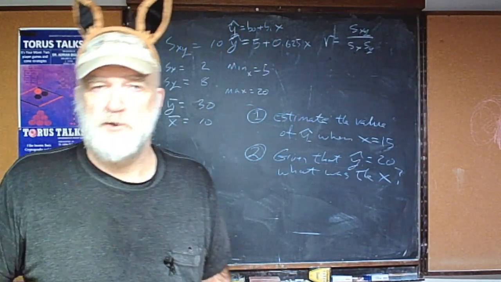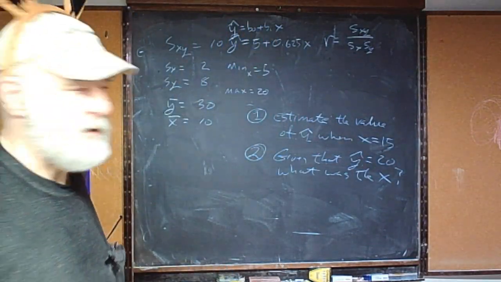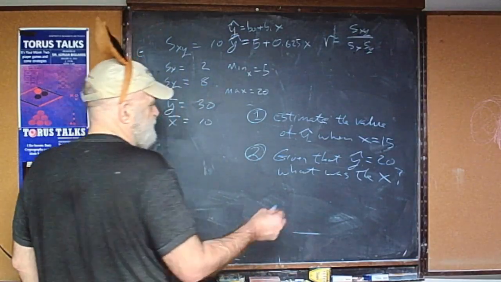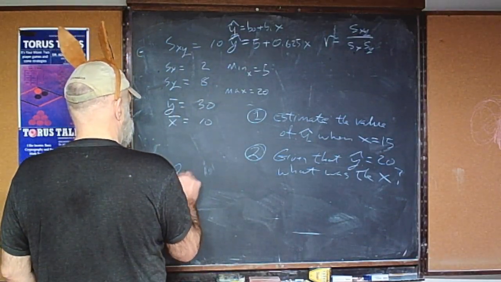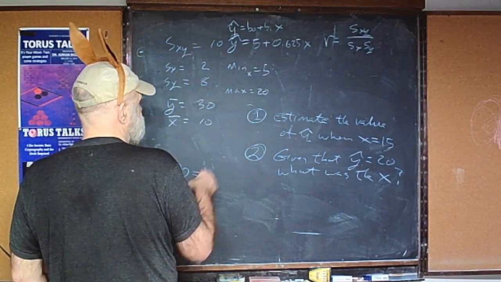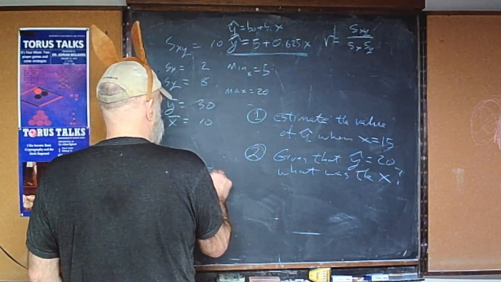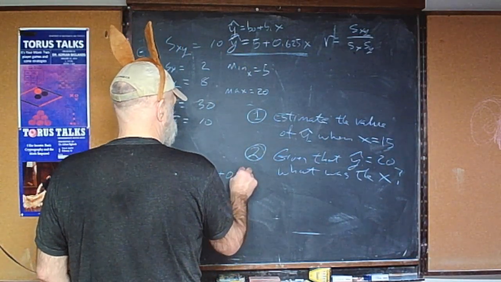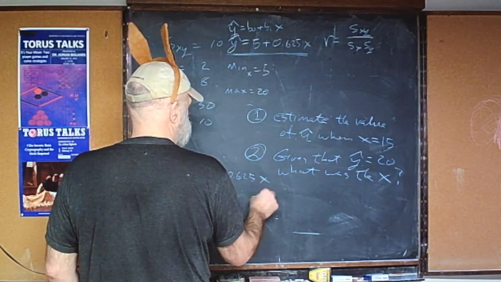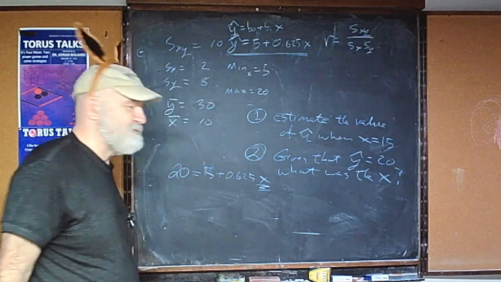In other words, now we've got to do a little bit of algebra. Well, it's not terribly hard. Let's do that. So we've got 20 equals, using our model again, remember, everything we're doing is based on this, 5 plus 0.625 times x. We need to find the value of x.